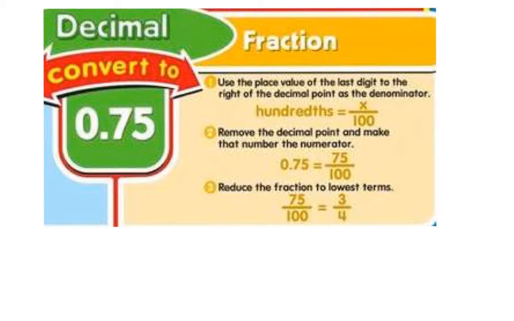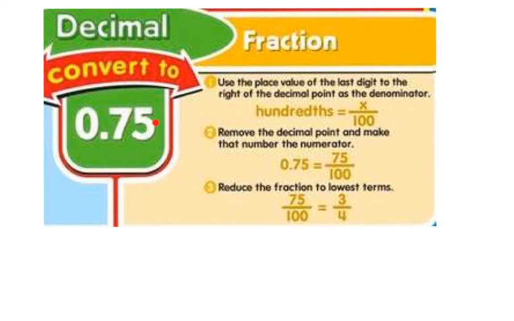To prove that a number is rational, sometimes you'll have to take the decimal form and write it in fraction form, because if you can show that that number can be written as a fraction, then you know that it's a rational number. So to convert a decimal to a fraction, you're first going to use the place value of the last digit to the right of the decimal point in the denominator.